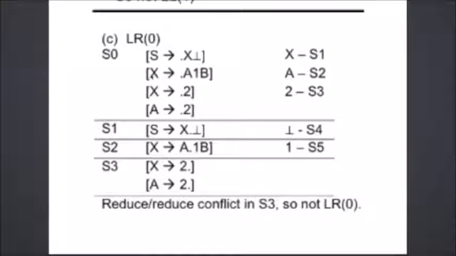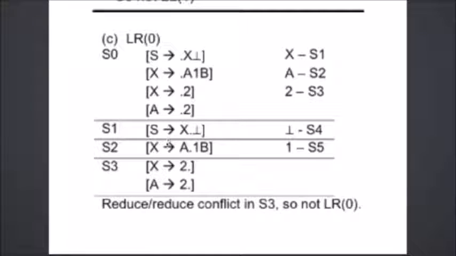We put a dot in front of S, and since X is pointing after the dot, we find the same serialization for X. We keep on doing it till we find a terminal at A, or the grammar finishes. Similarly, we find it for A, as A comes after the dot in the expansion of X, and then X and A both point to 2. Once we have generated all the strings, we name it as group S1.